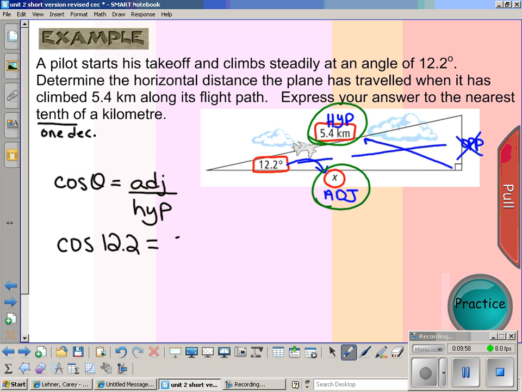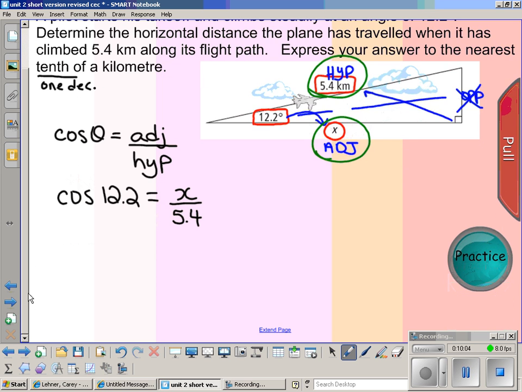We don't know the adjacent side, but we do know the hypotenuse. So we can use our calculator to find cos of 12.2. You just go cos 12.2 and go to 4 decimal places at least. You can go more, but go to at least 4 within the question.